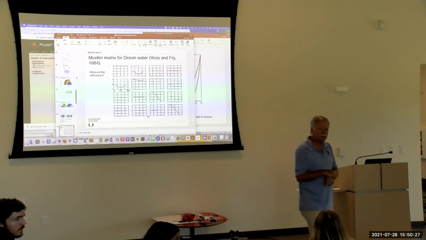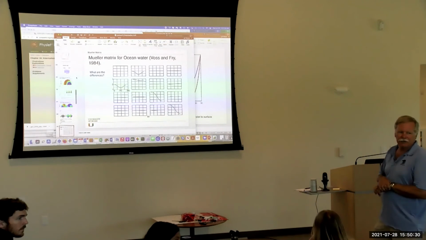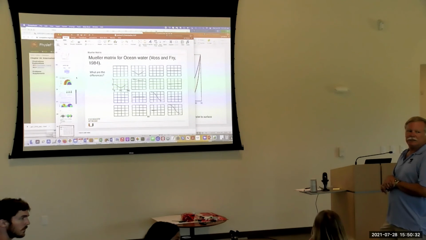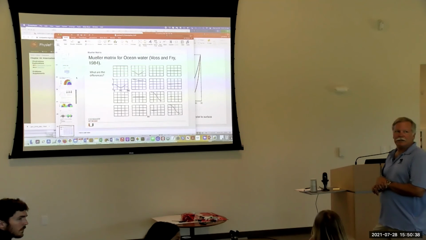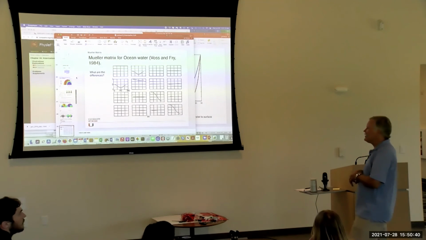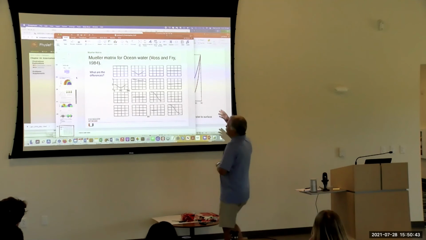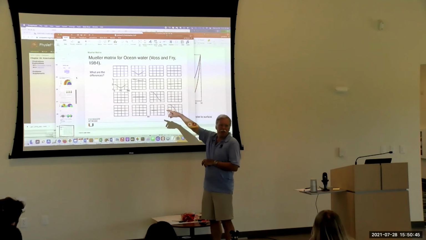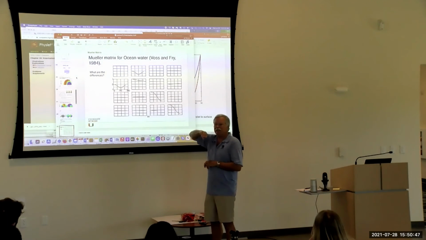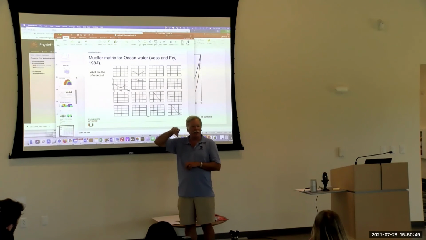But you were saying that it's partially polarized. So that means if you sent unpolarized light into the ocean, it doesn't get fully polarized in any direction.